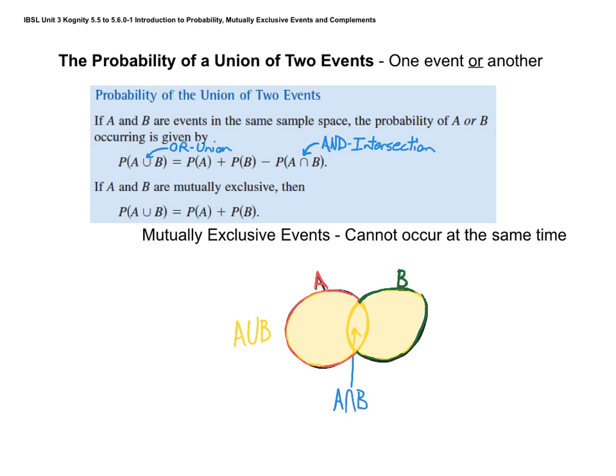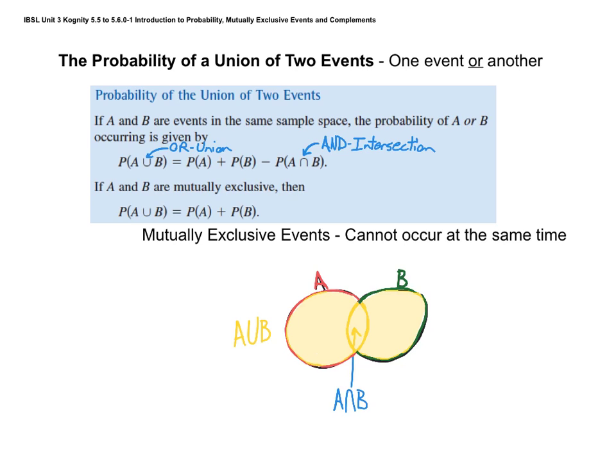We're adding this twice, because the intersection is included in A and the intersection is included in B. So if I just do A plus B, I've counted this middle part twice. That's why we've got to subtract this intersection to make sure we don't count it twice.